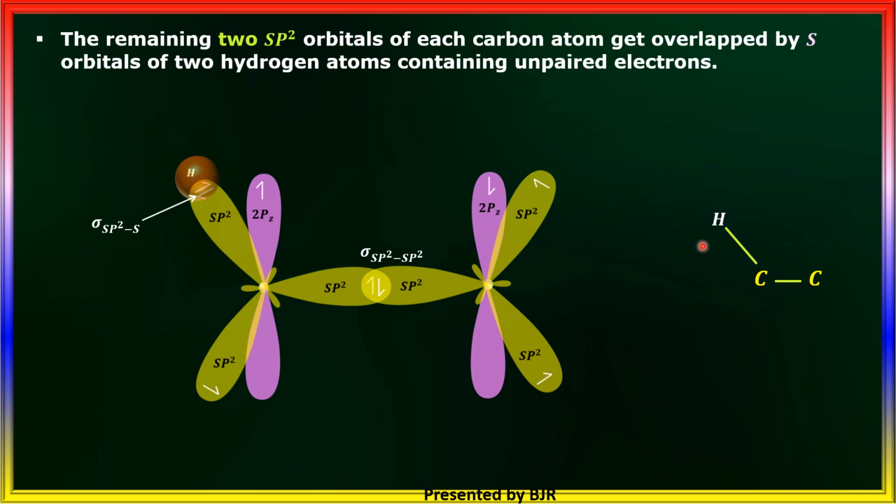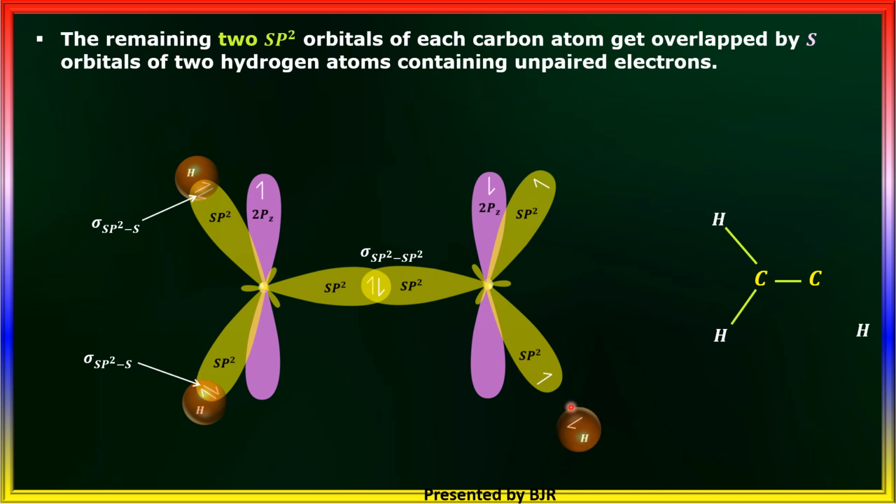Okay, here I am representing the bonds simultaneously, and here also one more hydrogen, and this is the 1s orbital of this hydrogen atom. It overlaps end to end with sp2 orbital and forms one more sigma bond here.